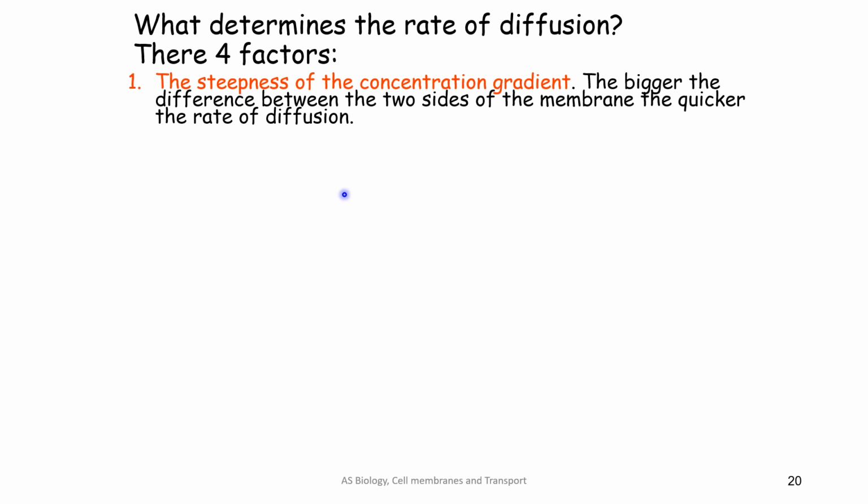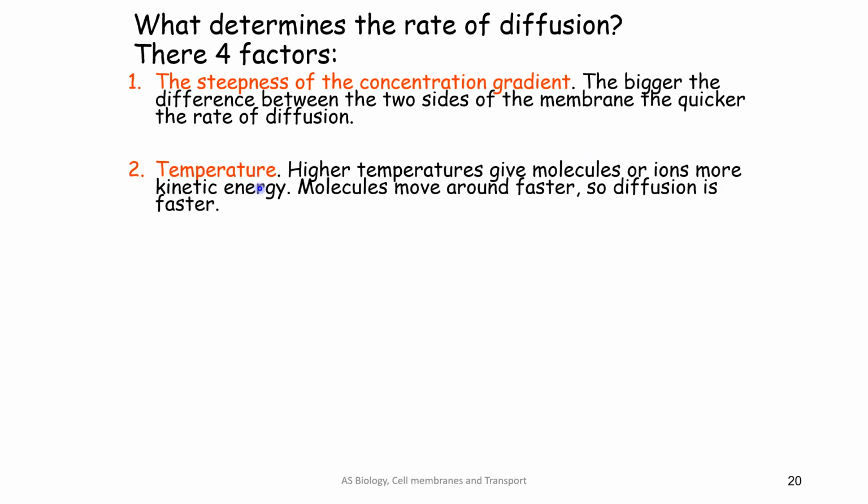It makes sense if you're in a crowded building, especially now, if there are loads and loads of people in there, whenever the doors open, people are going to be coming out at a much faster rate than if there were not as many people. So the steepness of the concentration gradient makes a big difference on the rate of diffusion.